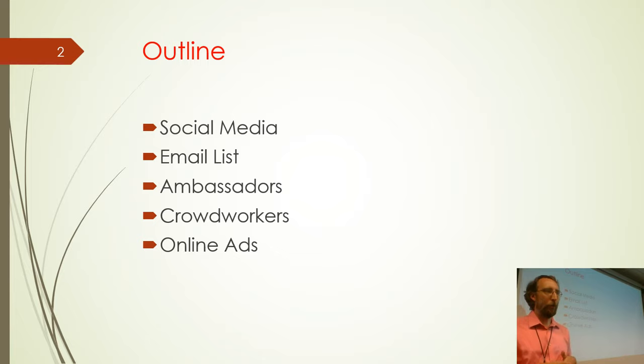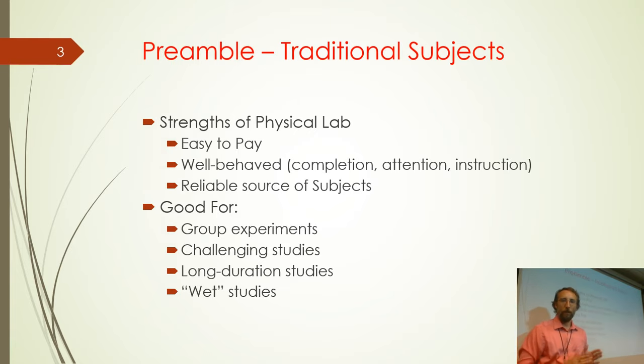Crowd workers, so paying folks to participate through platforms like Mechanical Turk and Prolific. And then online ads, using Facebook ads, Google ads, and in general, we'll also talk about some physical ads for recruiting subjects.